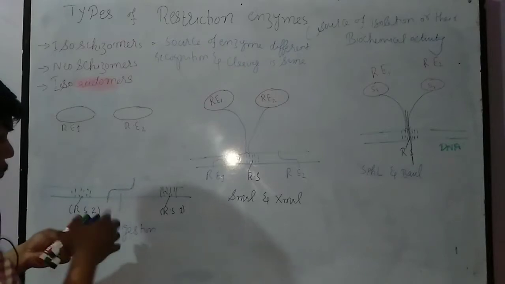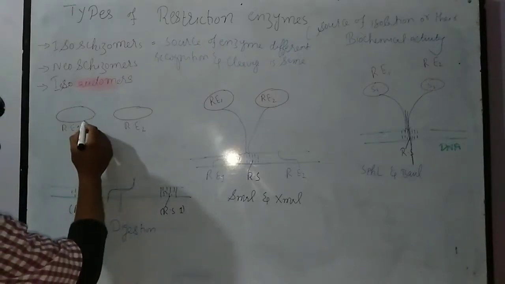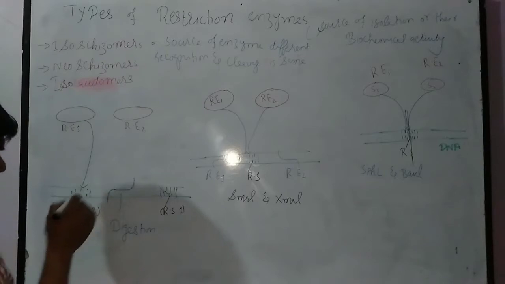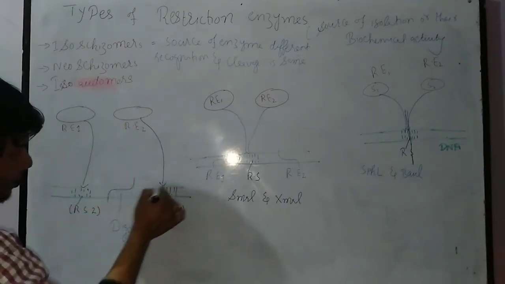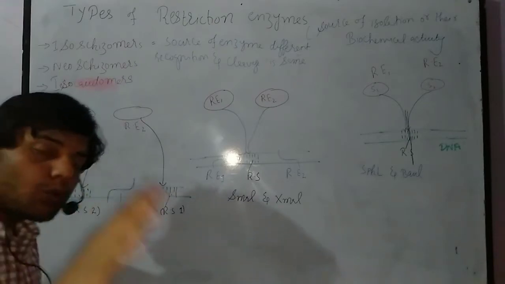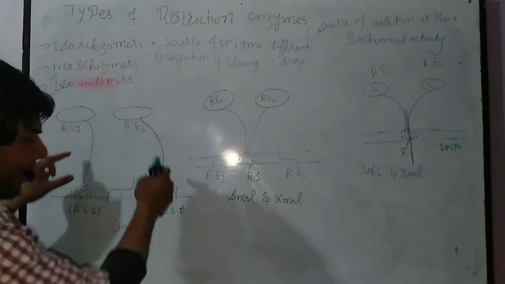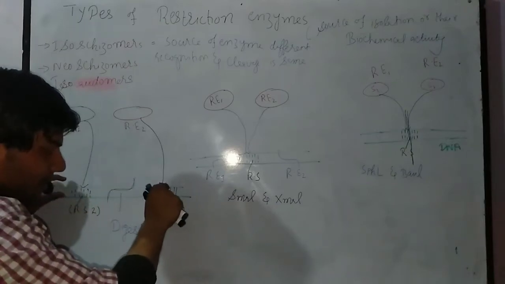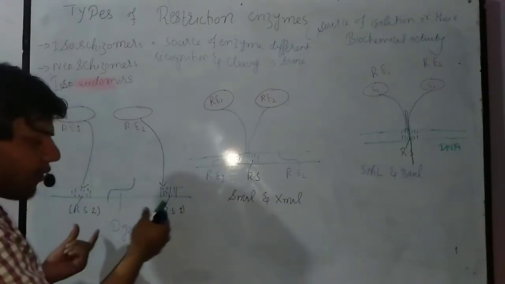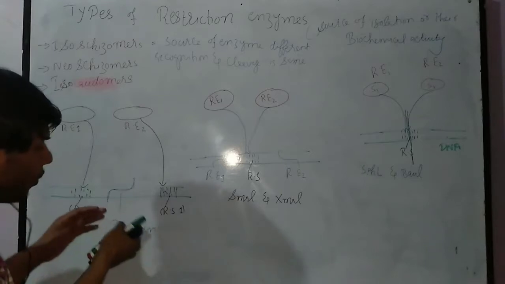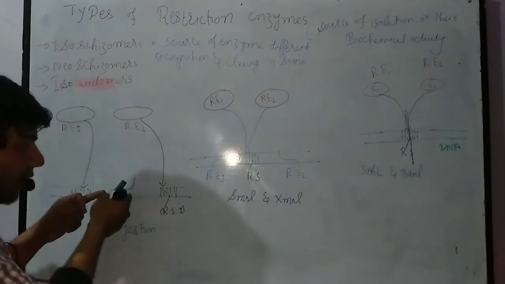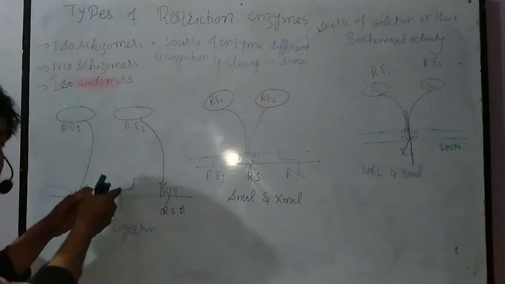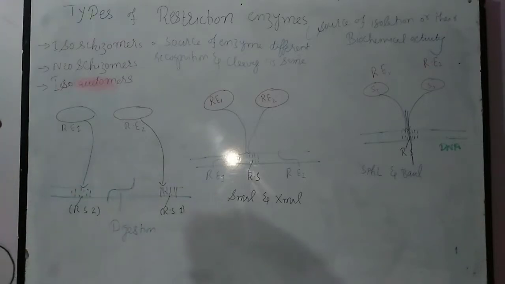So this restriction enzyme 1 will recognize that specific area and this restriction enzyme 2 will recognize that specific area. When two or many restriction enzymes recognize different recognition sites in a DNA molecule, but they cleave the same area, as you can see, then these enzymes are called Isocaudomers.